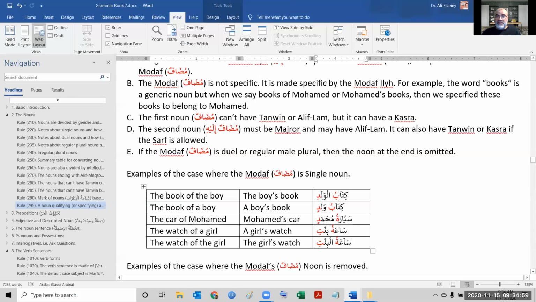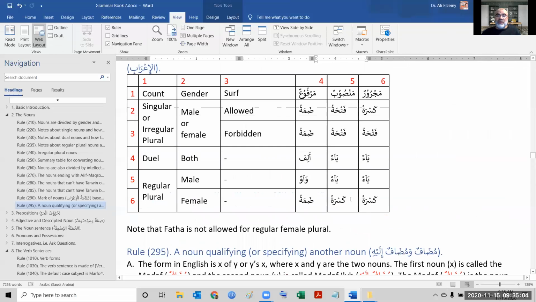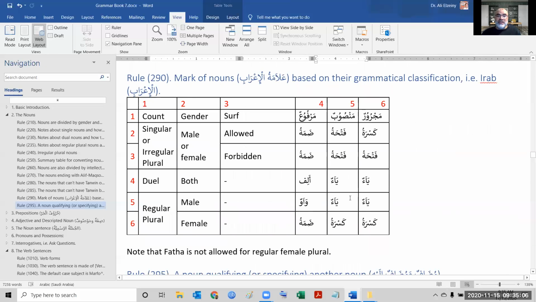How do we know that? Because kitab is a single noun. So we go up here and we say, okay, kitab is a single noun. So it falls here. Male or female doesn't matter. If sarf is allowed, then it's dhamma. If it's forbidden, it's dhamma. So we don't even have to worry about checking the sarf, because allowed or forbidden, it's dhamma.